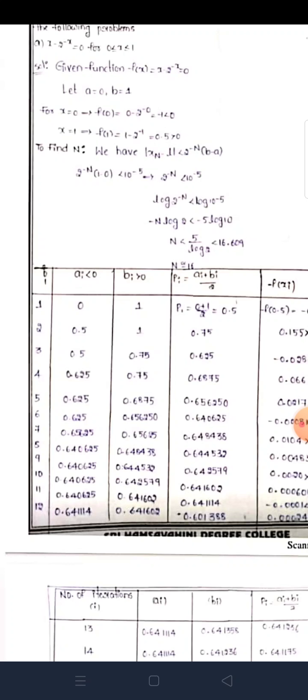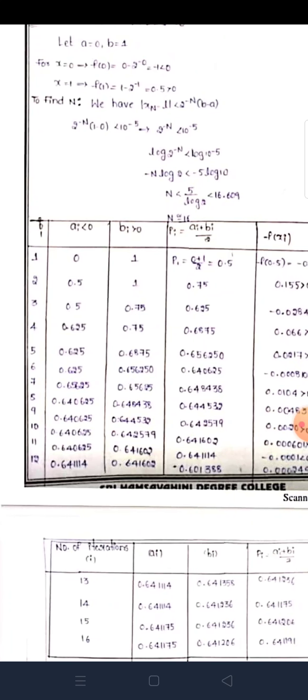Put i equals to 12. a12 is equal to 0.641114. b12 is equal to 0.641602. p12 is equal to 0.641358. f of x12 is equal to 0.0024. This is greater than 0.